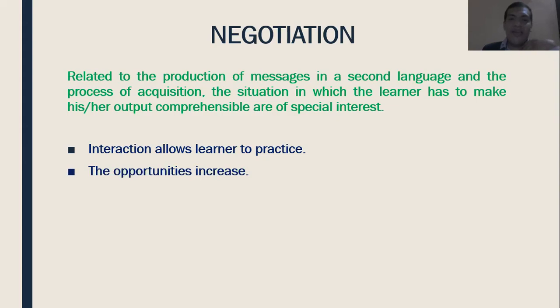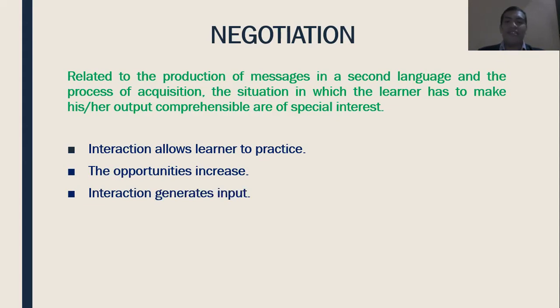Another point is that opportunities increase. Why? Because they can learn more about the language, and if they speak with people who have a higher level of language, that will help the learner to improve their level of language as well.